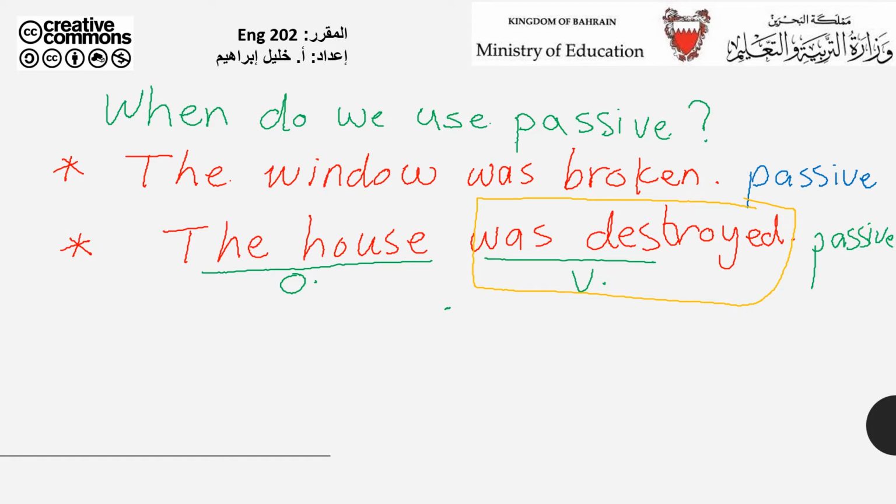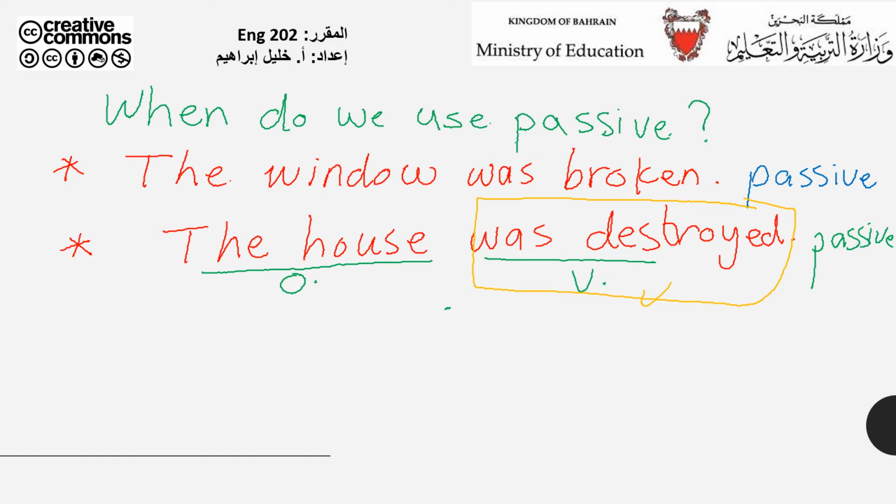The most important thing for me as speaker is the action, that the house was destroyed. So easily we can use the passive if I don't know who is the doer of the action, or if I concentrate more on the action itself, not the subject or the doer of the action.